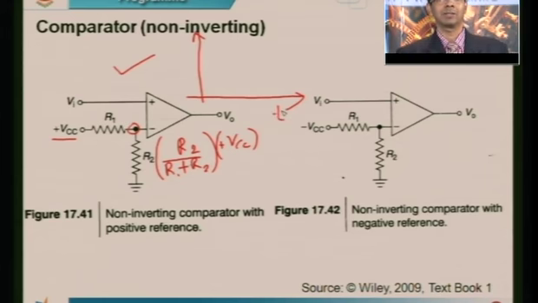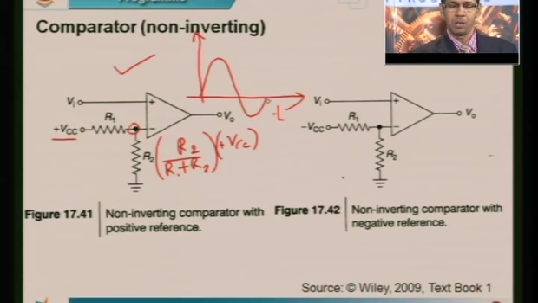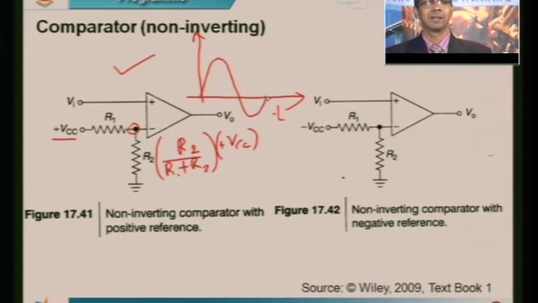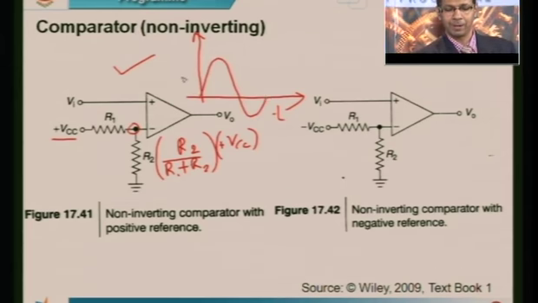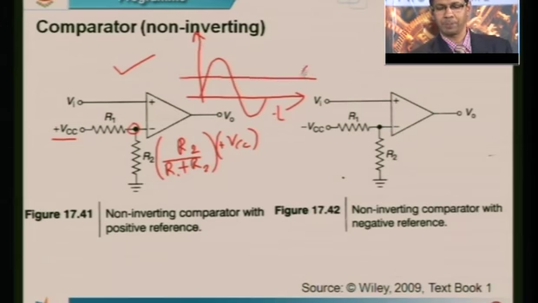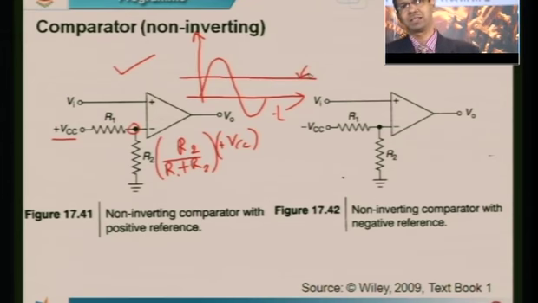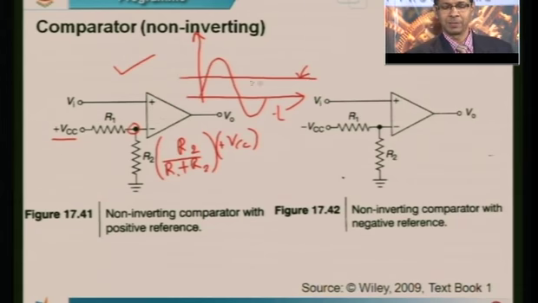Let us assume that the input is a sinusoidal voltage. Whenever the input is larger than the reference voltage, so this becomes your reference voltage Vref. What is Vref? Vref is nothing but R2 divided by R1 plus R2 times plus VCC. So whenever this condition happens, which is happening in this region here.